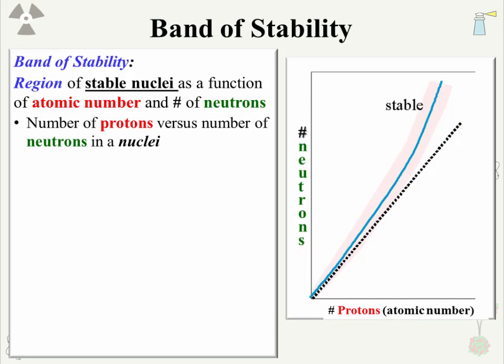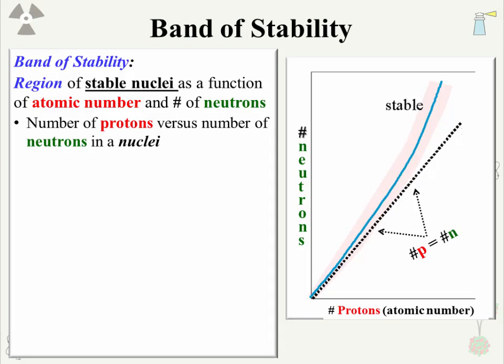Small atoms like helium will fall to the far left, and large atoms like lead will be on the far right of this graph. A dotted line shows nuclei that have the same number of protons as neutrons. The blue curve with a light pink highlight indicates the more stable nuclei.